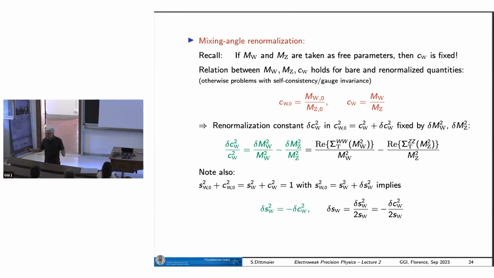But often you get shorter expressions if you keep the ratio of the two masses and just write c_W for it. That's very often done. And if you have introduced these quantities, you can keep your expressions a bit smaller.